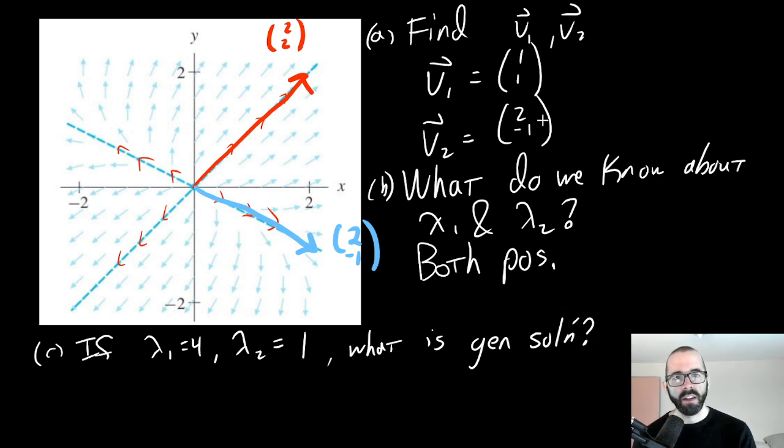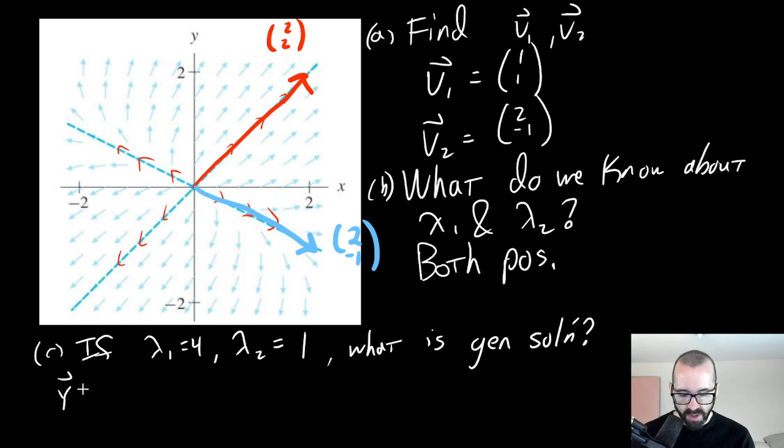Remember, these eigenvectors and eigenvalues give us straight line solutions. Notice these eigenvectors are linearly independent. The general solution to a system of differential equations is going to be a linear combination of those two linearly independent solutions. So we use the theorem from the last page.